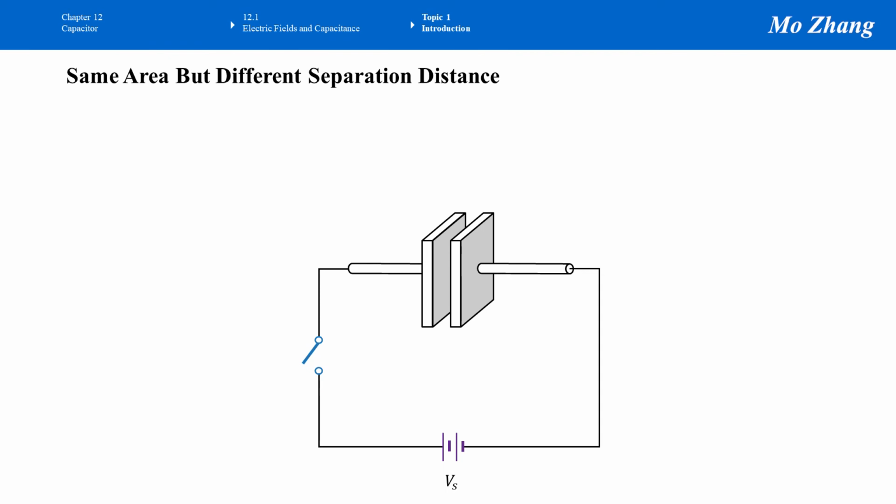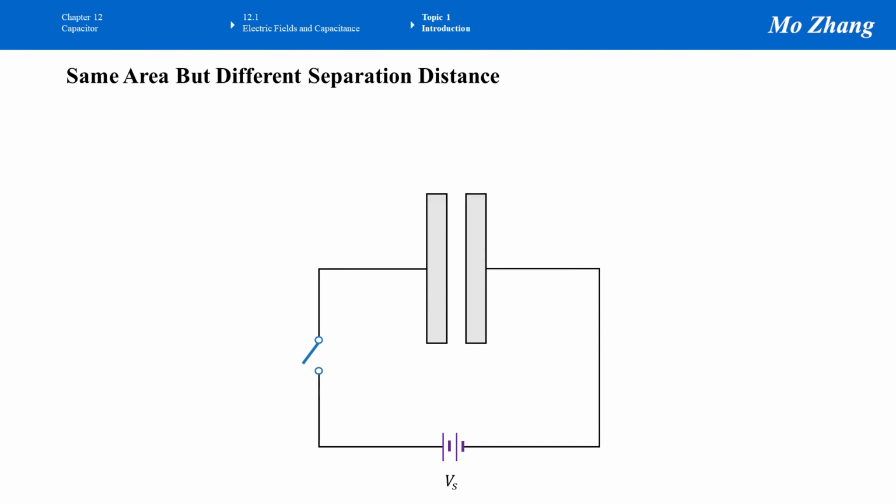Now let's replace this capacitor with just a 2D capacitor, the two plates. The plate initially has protons and electrons. Let's assume the number of protons and the number of electrons are the same initially, so there's no net charge in either plate.